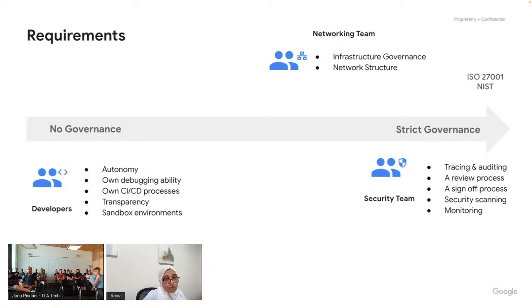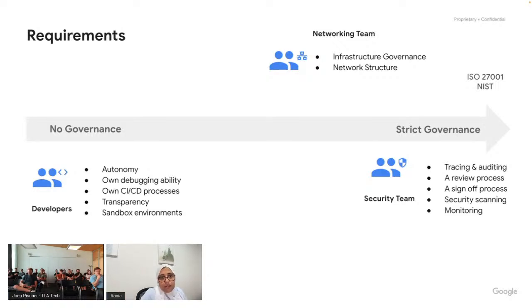While developers are more focused on debugging capabilities, even in production, and autonomy. They don't care about the whole world. They care about and focus on their code and the new framework. Sandbox environments: they don't want to wait for ages in order to build, test, or dry run something.